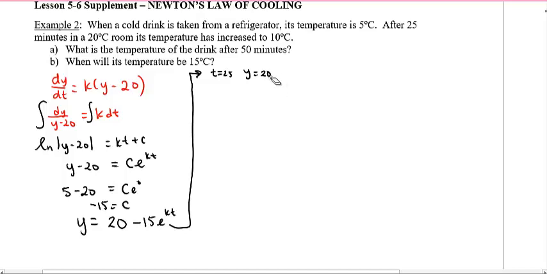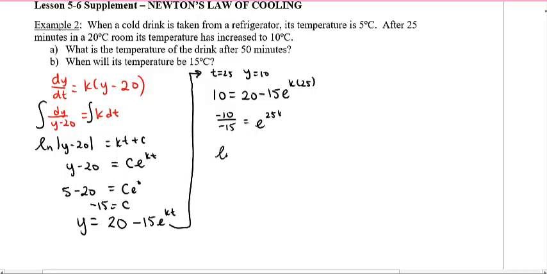The temperature has increased to 10 degrees. So 10 equals 20 minus 15 e to the k times 25 minutes. We'll do some nice algebra here. That would be negative 10 over negative 15 equals e to the 25k. That's just, what, 2/3, I think?